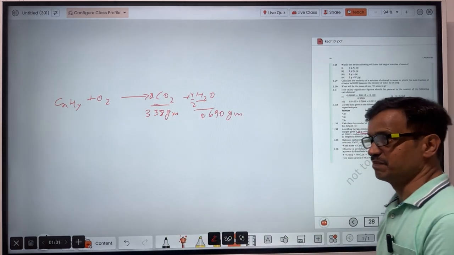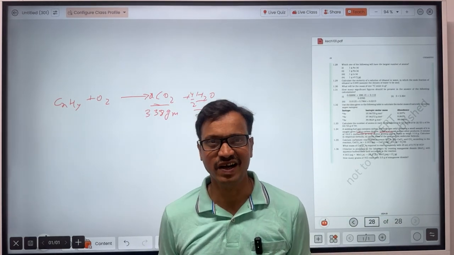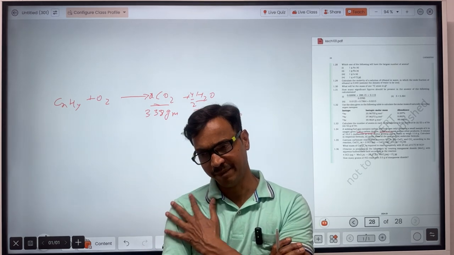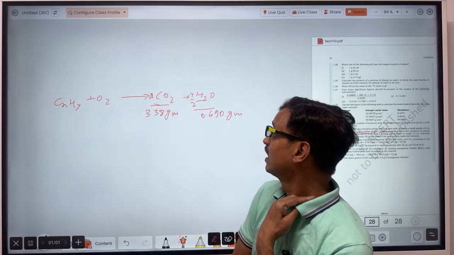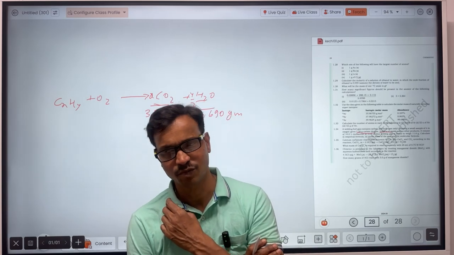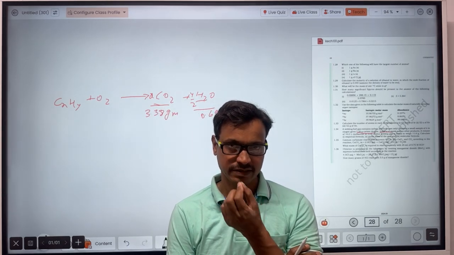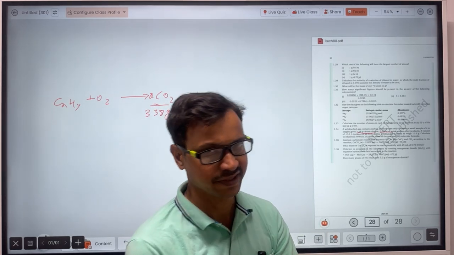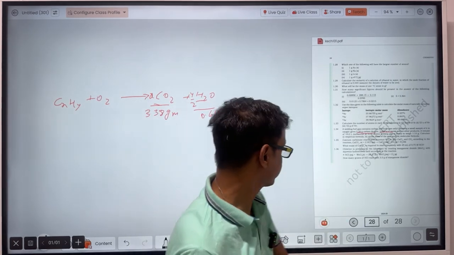That's why we will first find out the number of moles of carbon and the number of moles of hydrogen, and then in which ratio they are. During that course we will get the empirical formula of that molecule.